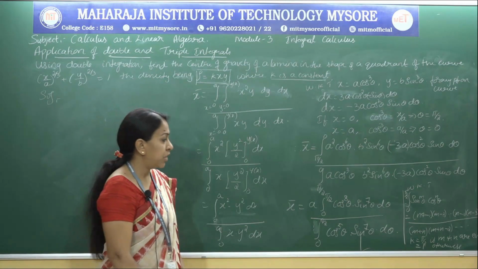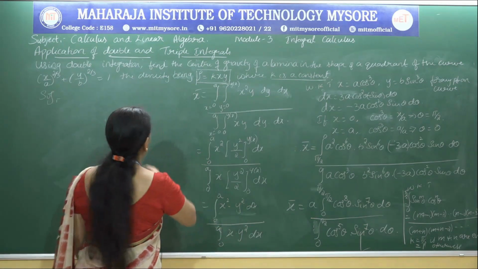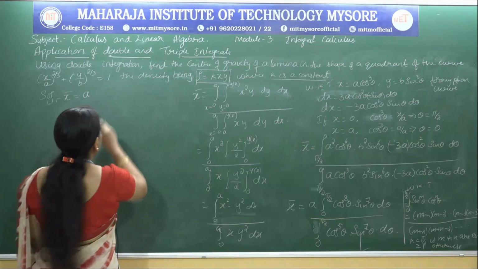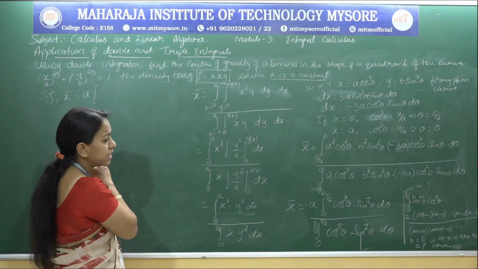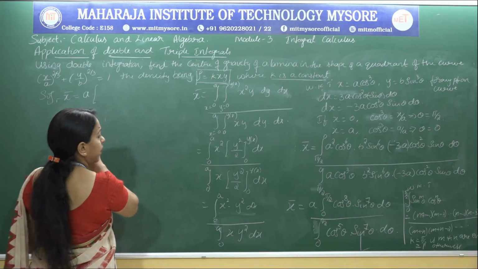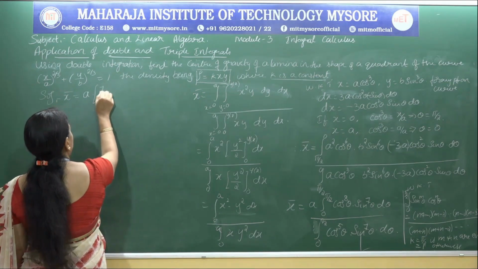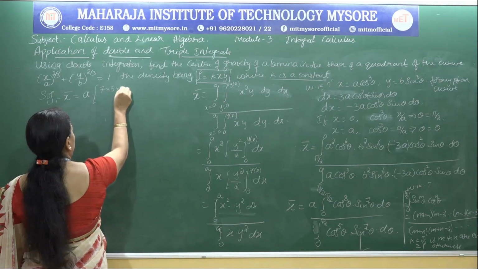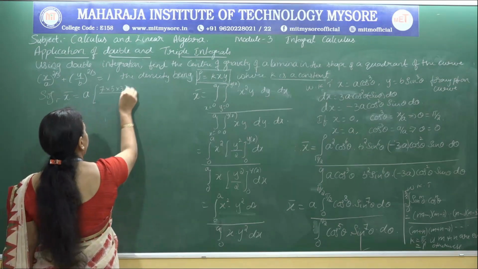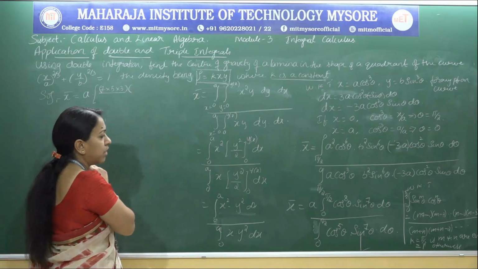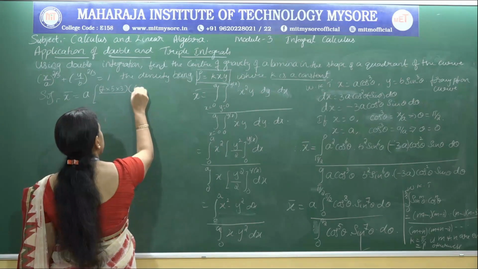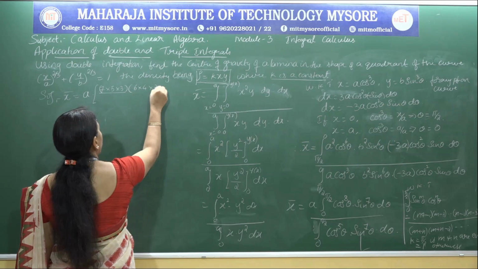So using the standard reduction formula, we have x bar equal to a into, the numerator is m is 8 and n equal to 7 in the numerator. So 8 minus 1 is 7 into 5 into 3, divided by, into the first part. The second part is 7, so 7 minus 1 will be 6 into 4 into 2.